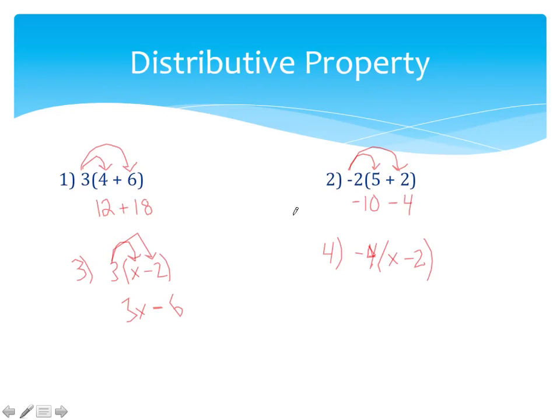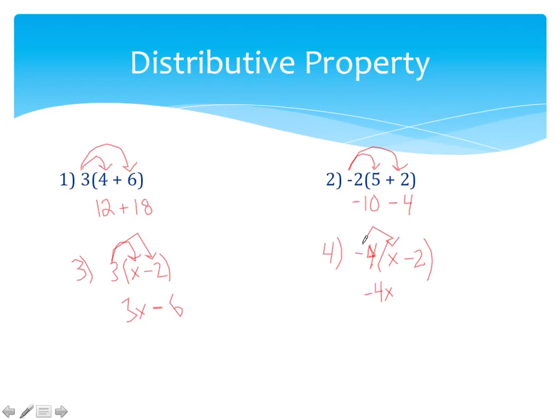Okay, so let's go through. Same thing, I'm going to multiply negative 4 times x. All right, negative times positive is negative, and 4 times x gives me 4x.